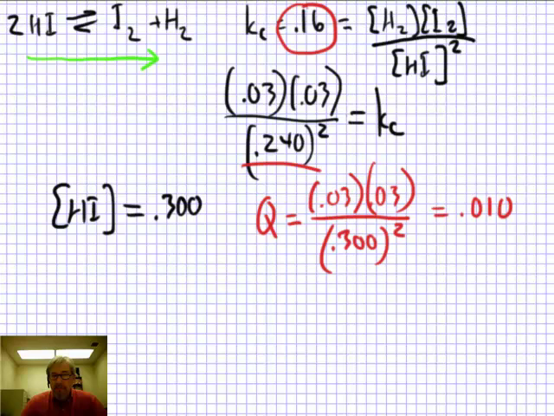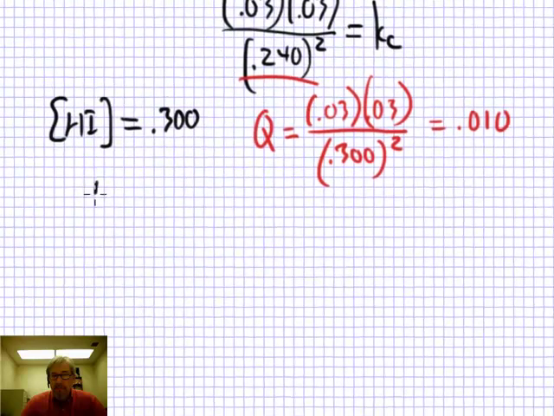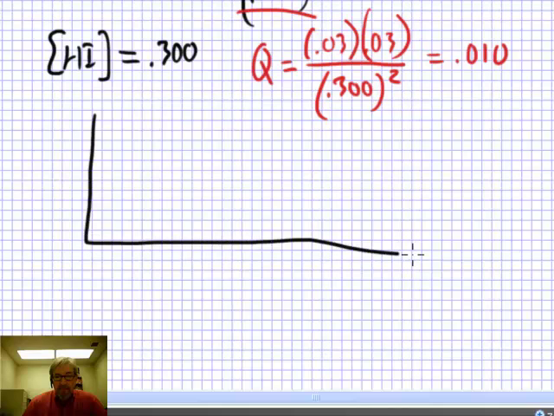In terms of the chart, here's time versus concentrations. Starting from whatever value, the HI concentration dropped down to its equilibrium value of 0.240. Starting perhaps from 0, the concentrations of H2 and I2 rose until they were at 0.03.